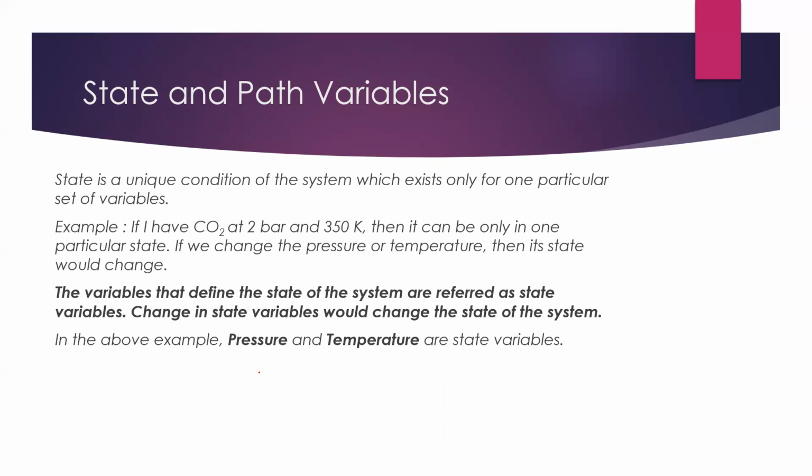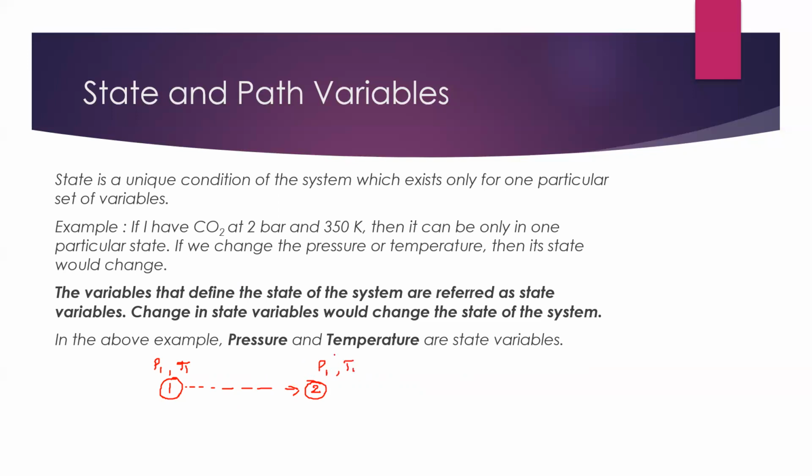The variables that define the state of the system are referred to as state variables. So for example, if I say that my system is in state 1 and I have its variables P1 and T1, then if I take my system to state 2, I cannot say that the variables are going to be P1 and T1.